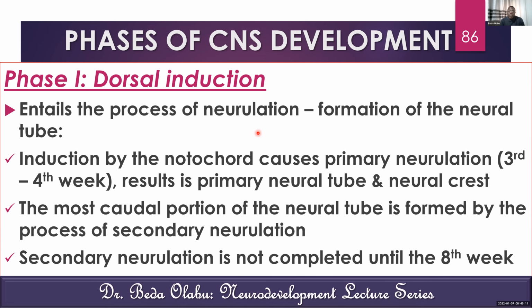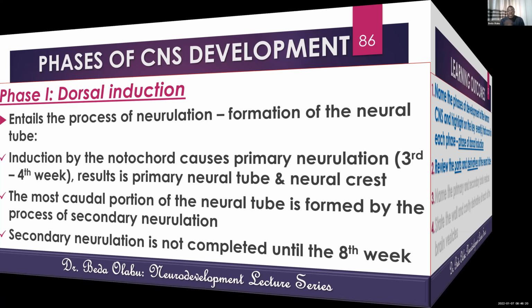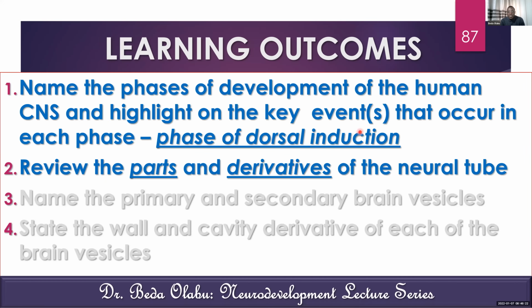Anyway, so the take-home message is that dorsal induction involves the neurulation process, which leads to the formation of the neurotube. Let's remind ourselves about the parts and derivatives of the neurotube.